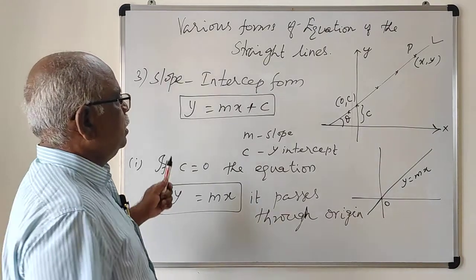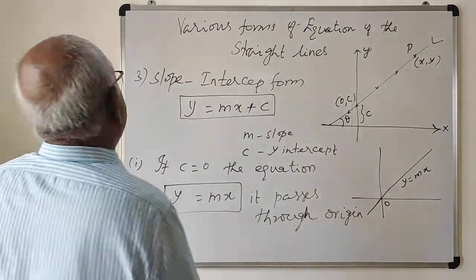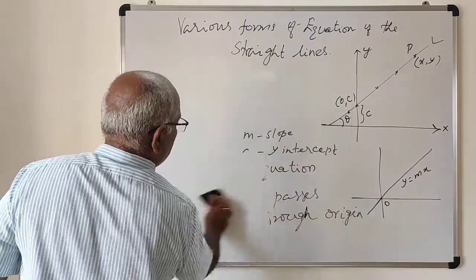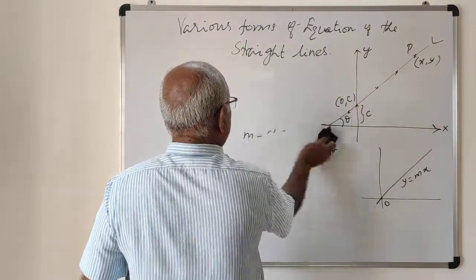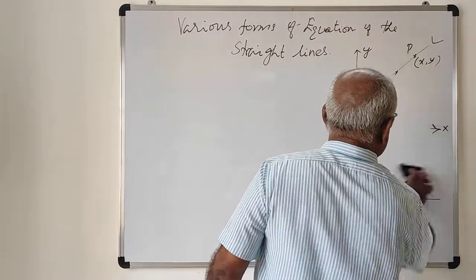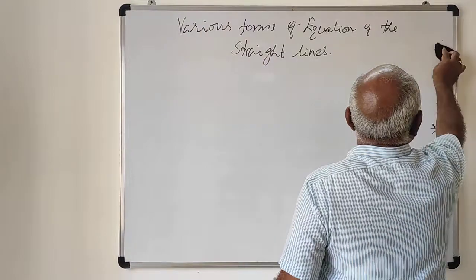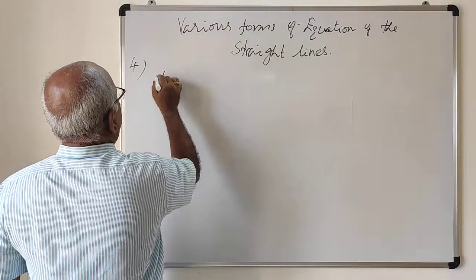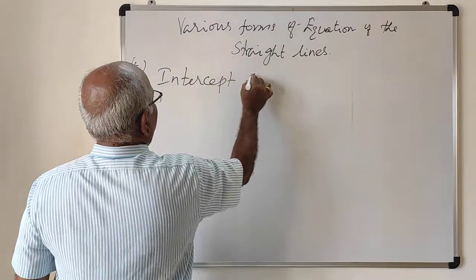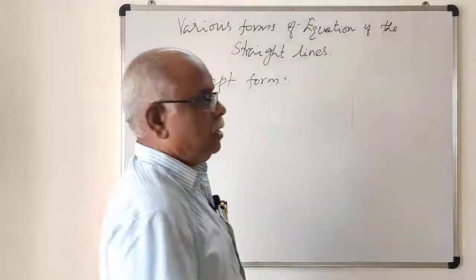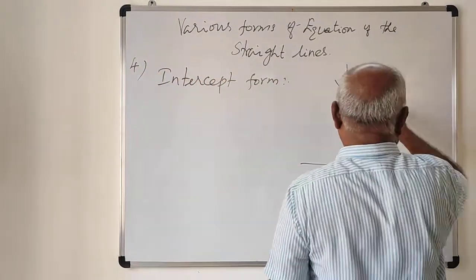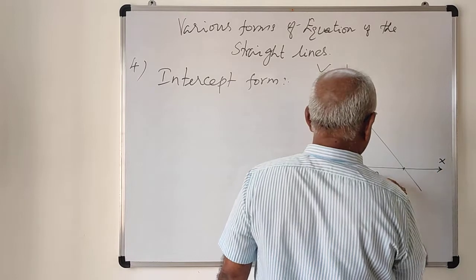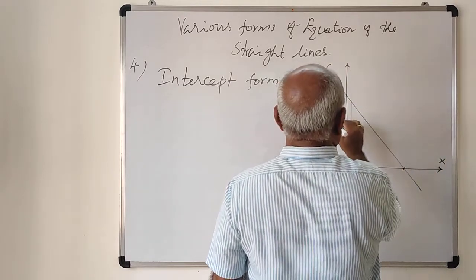Fourth one is the intercept form. This is the required line L. It makes an intercept along the x-axis at a distance a, and along the y-axis it cuts at a distance b.